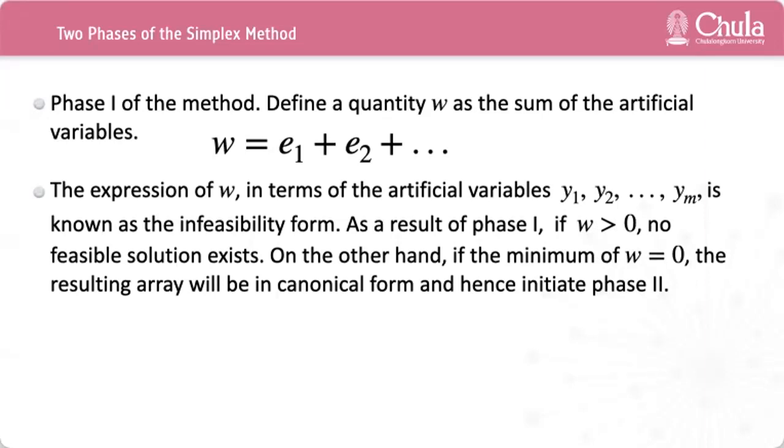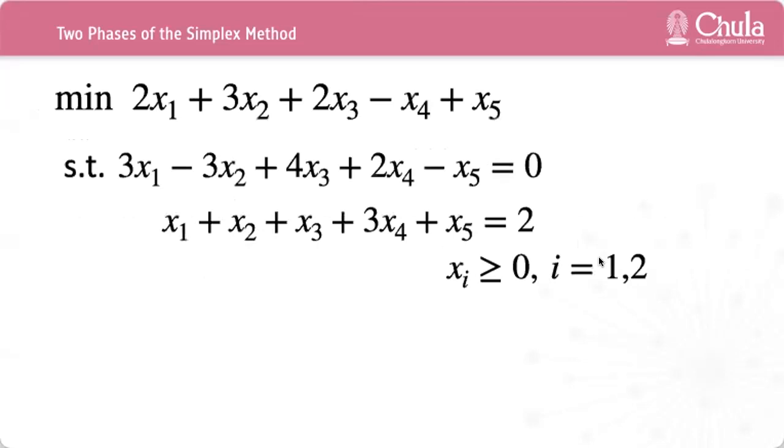And then the resulting problem will be solved by the simplex method again in phase 2. That's the reason we call it the two-phase simplex method. Now look at the example. You will understand from the example.